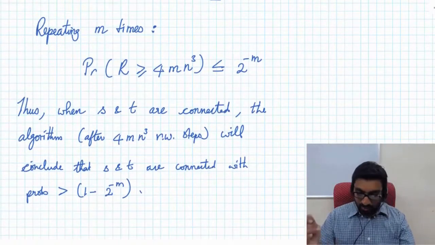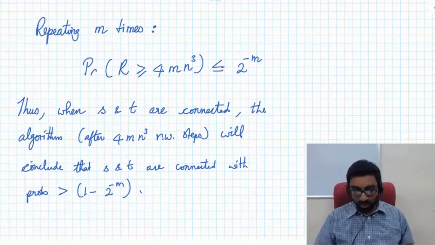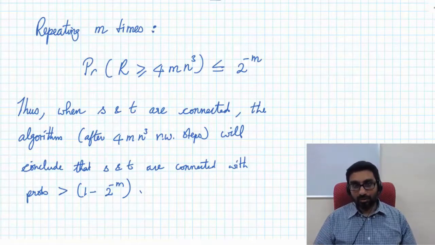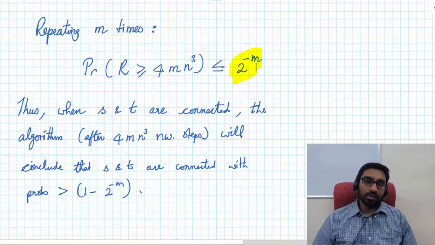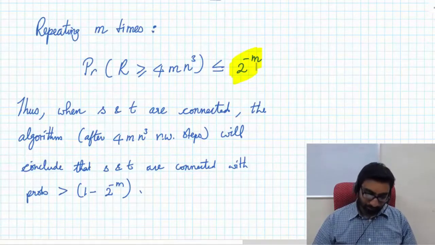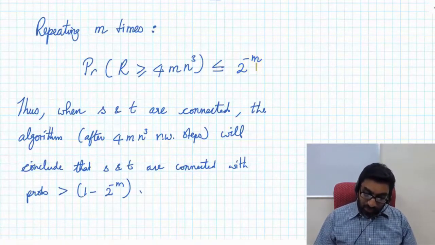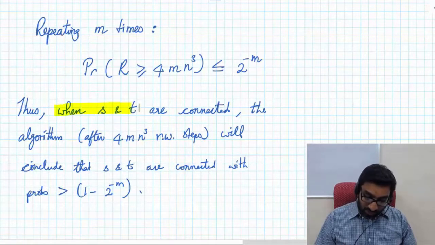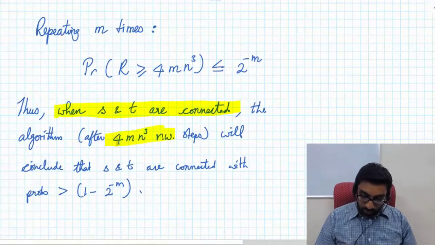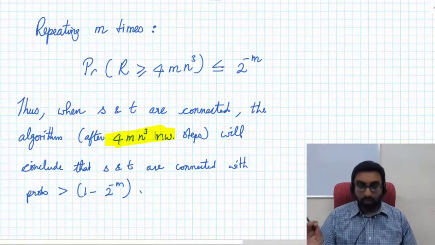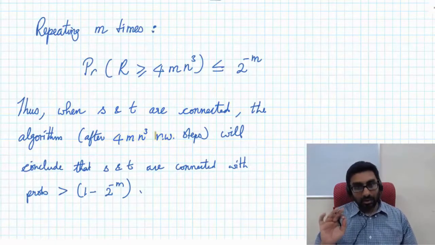And if you make m, for example, something like log n, this quantity will become 1 by n. So when s and t are connected, the algorithm after these 4mn cubed number of steps will conclude that s and t are connected with high probability.